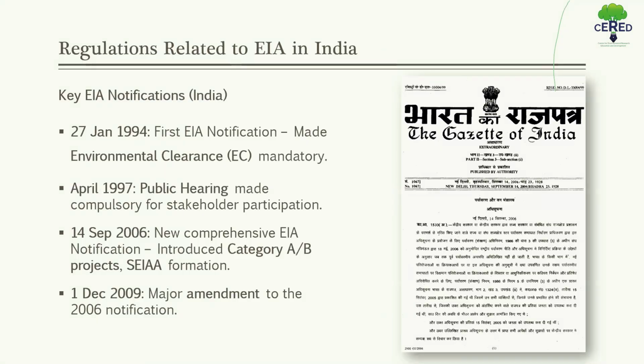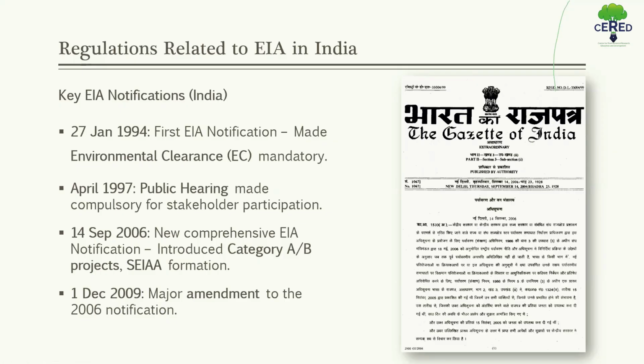Now, the key regulations or notifications of India. On 27th January 1994, the first EIA notification was made, making environmental clearance mandatory. After that, in April 1997, public hearing became compulsory.